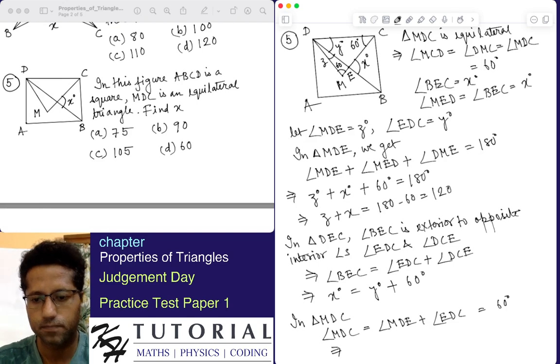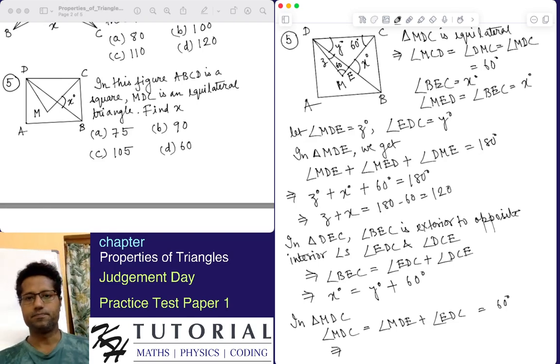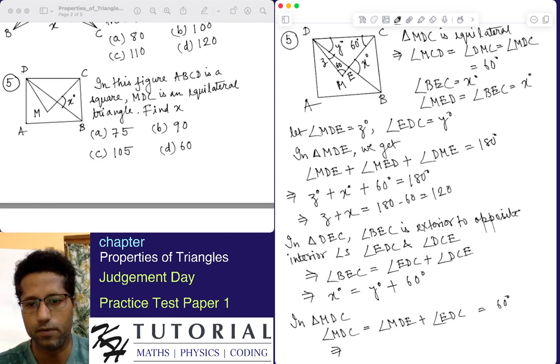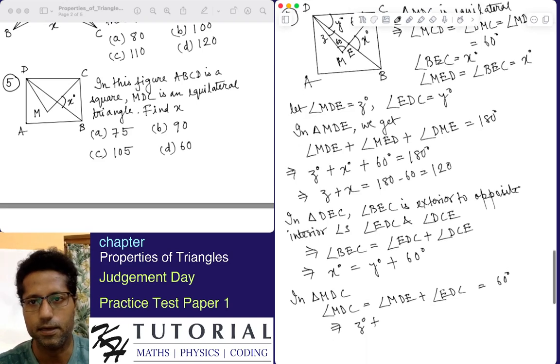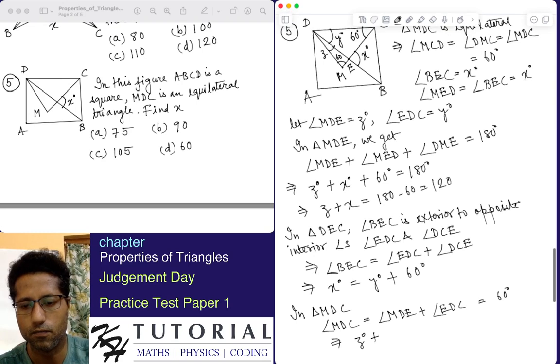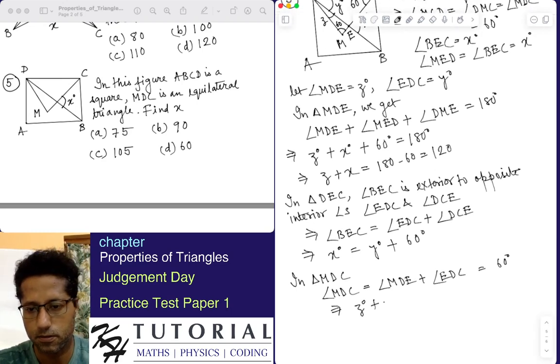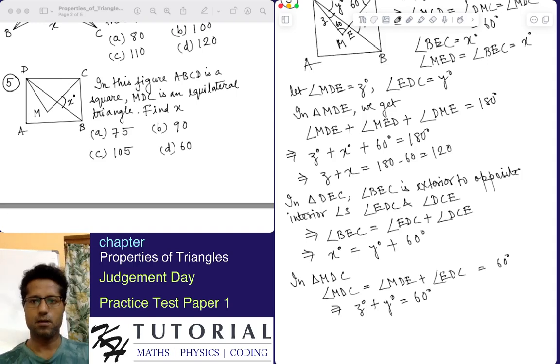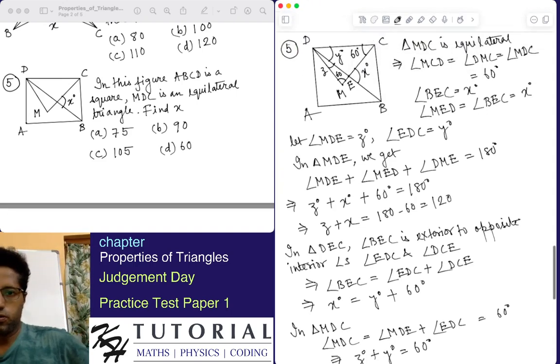This implies, what is angle MDE? Angle MDE we have considered to be Z degrees. So Z degrees plus angle EDC. Angle EDC we have considered to be Y. So Z degrees plus Y degrees is equal to 60 degrees. So what do we get?